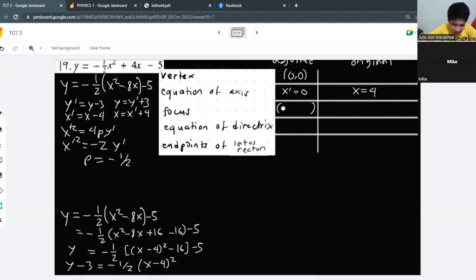So x prime is equal to x minus 4. So x minus 4 equals 0, x equals 4.